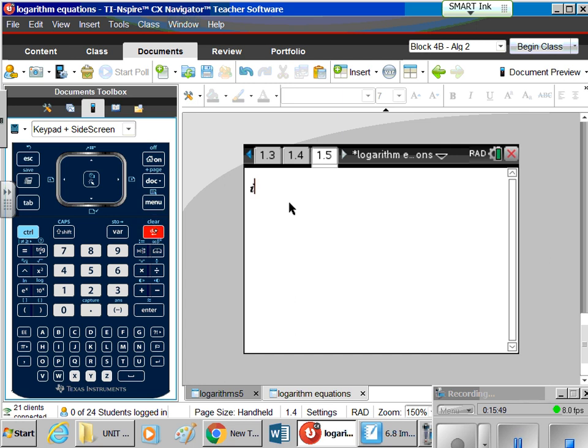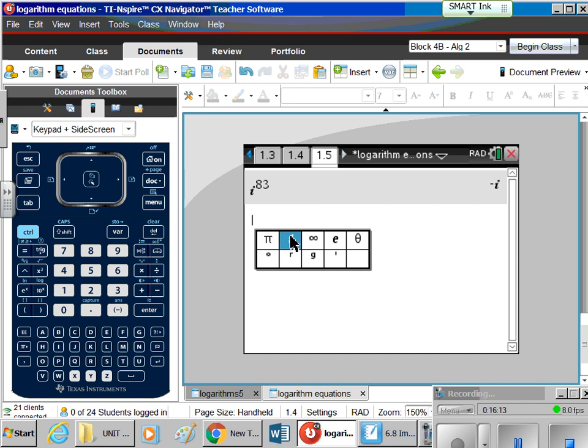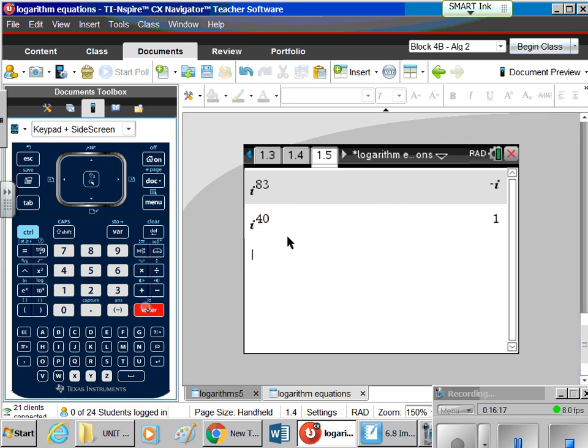So if you want to do some of these to this power, if you look, we just have i to the 83rd power, so I'm going to use my little caret there and raise it to the 83rd power. You get an answer, which is negative i, which we said was the answer. The last one said i to the 40th. So pi, i, raised to the 40th gets me 1. So your calculator will do it for you.